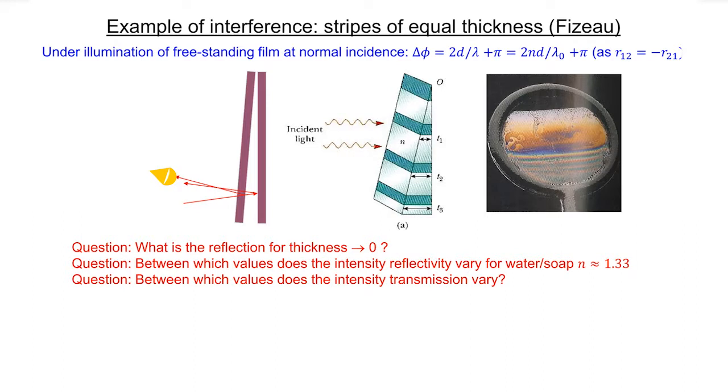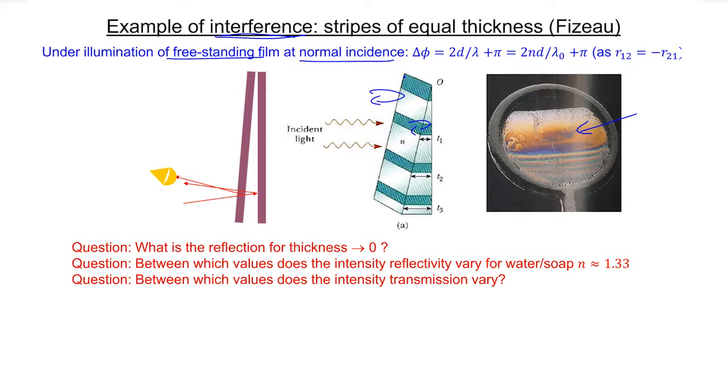This slide shows an example of interference, in particular the interference that you observe upon reflection from a freestanding film, like this film of soap. That interference, for a freestanding film at normal incidence, is as usual determined by the phase difference between the reflection from the first interface and the reflection from the second interface.